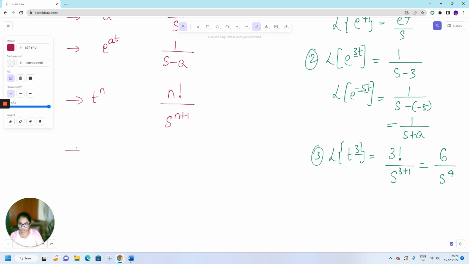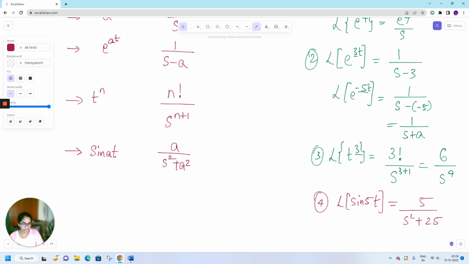Now let me take the next formula. What if f of t value is sin at? The formula for this is a divided by s square plus a square. If I ask you to find the Laplace of sin 5t, the answer would be 5 divided by s square plus 5 square, that is 25.